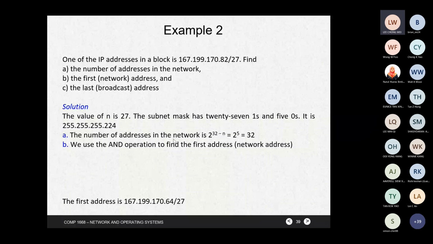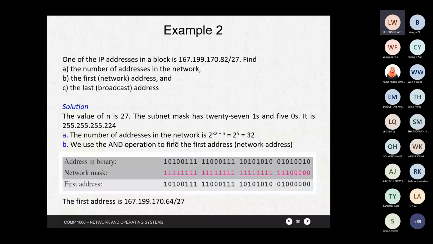Okay, so this is the original IP address, the subnet mask, this one, the total, we get this. So this is the new IP address.